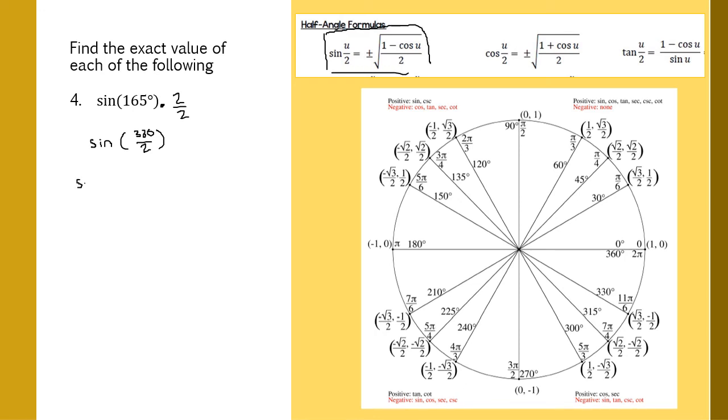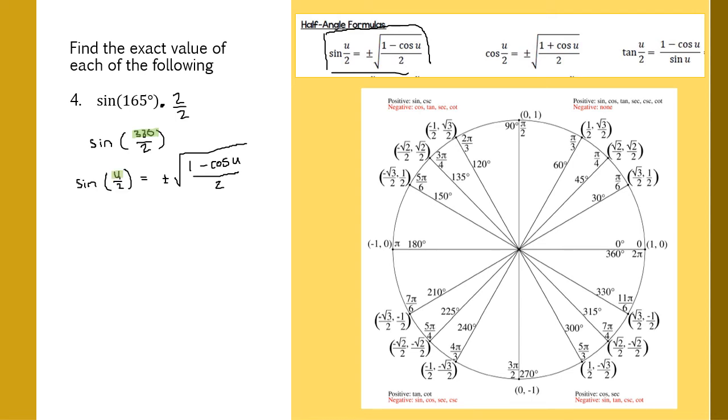Sine of any expression, any u value divided by 2 is equal to plus or minus the square root of 1 minus the cosine of u, all divided by 2. And in our instance, u, the angle that we are taking half of, is 330.